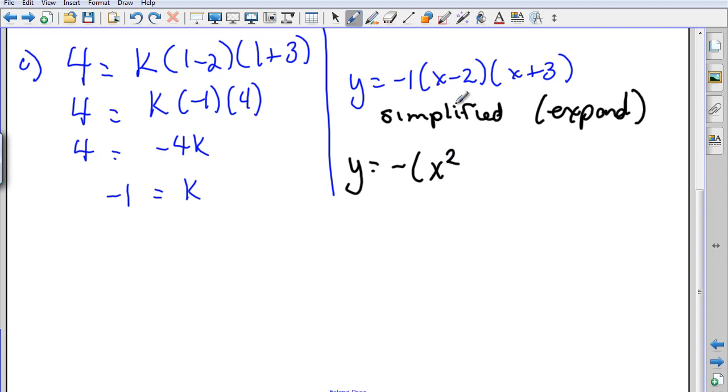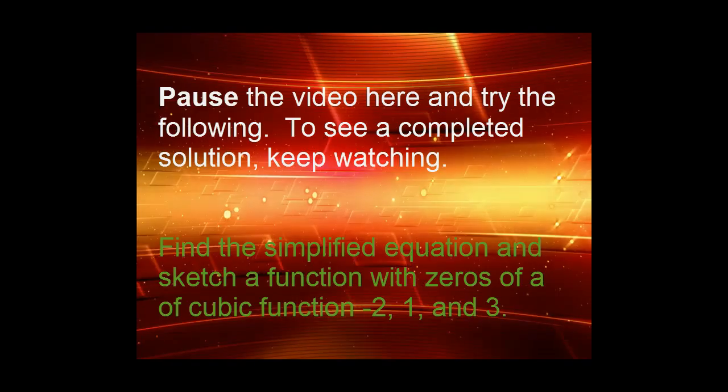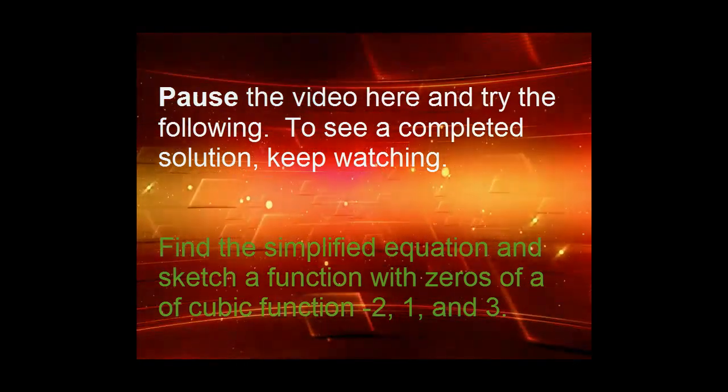X squared plus 3x minus 2. So plus 3x minus 2 gives me a positive x, and then -6. And then the very last step is we would get rid of the brackets entirely and run the negative sign through. And there would be our simplified equation.